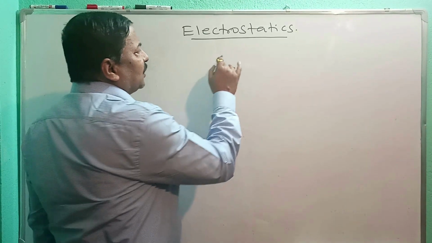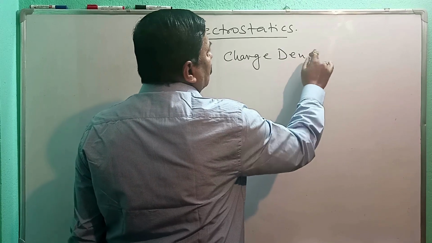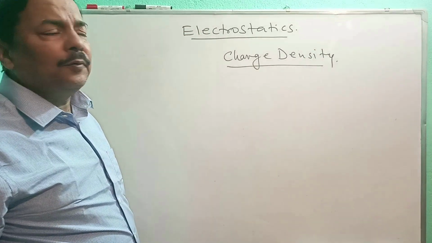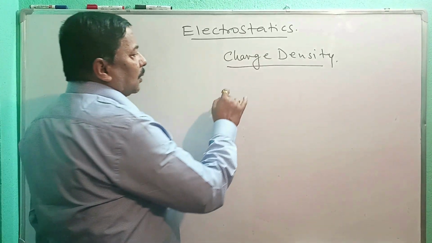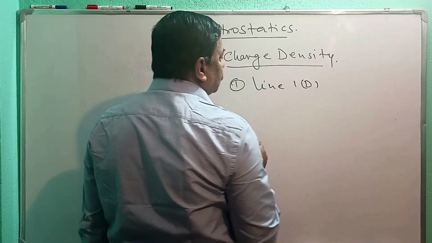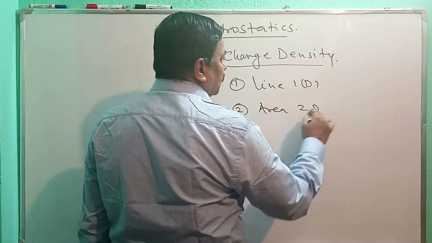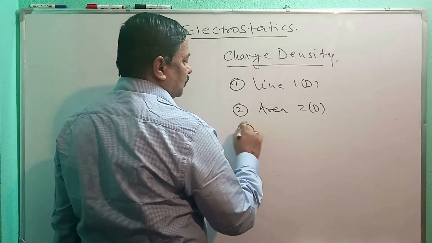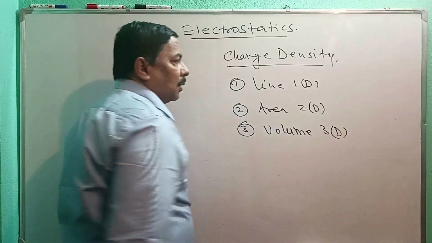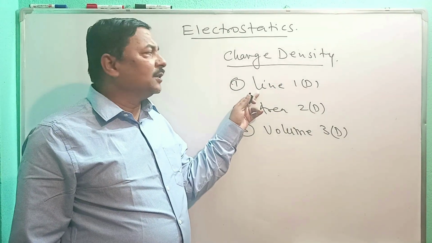Now we will try to understand the concept of charge density. In general, we interact with 3 types of bodies. Now try to understand. A one dimensional line is there.